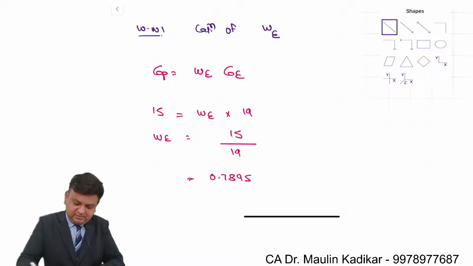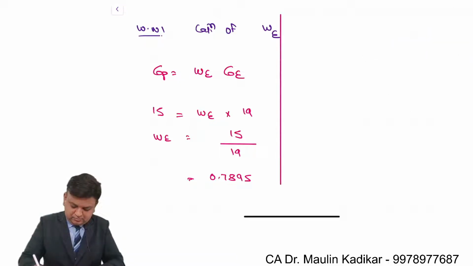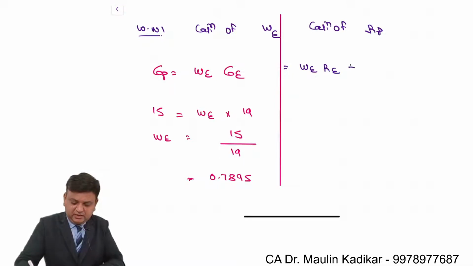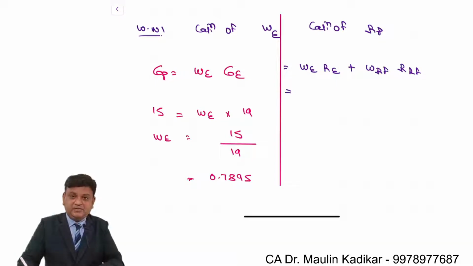Then we understand calculation of RP. That's very simple to compute once again. It is weight of E into return of E plus weight of RF into return of RF. What is weight of E?